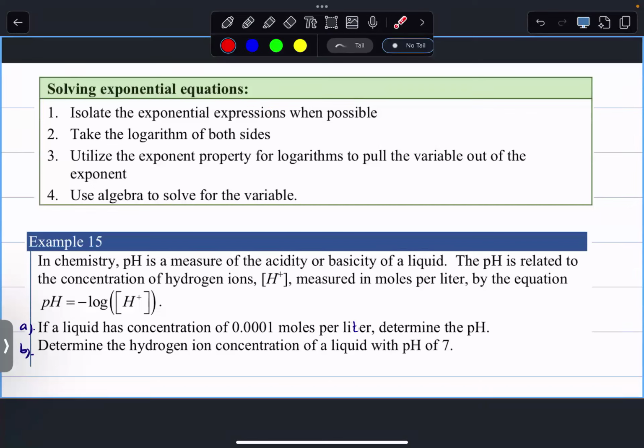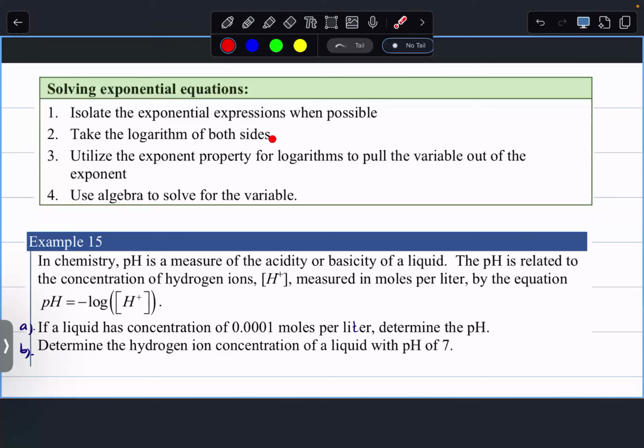Last day we were talking about solving exponential equations, but also logarithms. If you have to solve for something in the exponent, you're going to isolate the exponential expression, so get only the exponential function on its own.